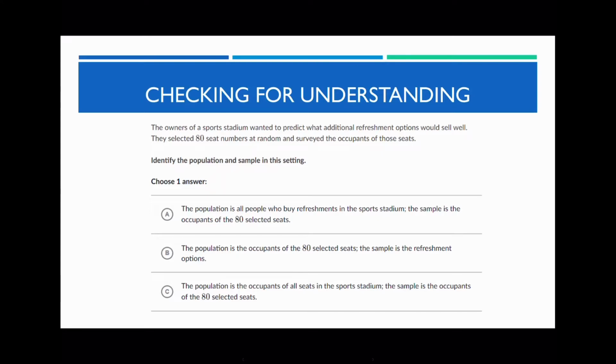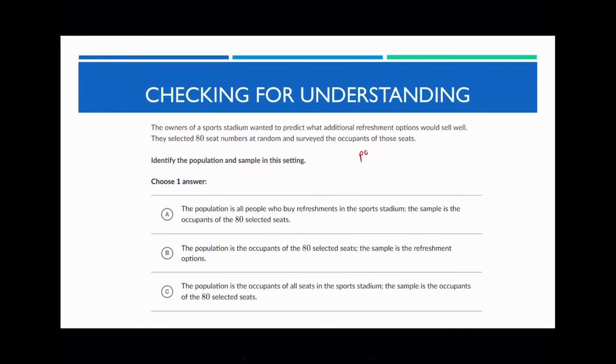So the question reads: the owners of a sports stadium wanted to predict what additional refreshment options would sell well. They selected 80 seat numbers at random and surveyed the occupants of those seats. Choose the correct answer. The audience in this case is the people who actually attend the stadium, so that is our population.